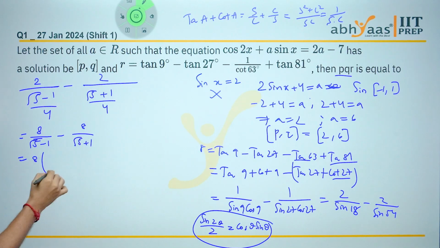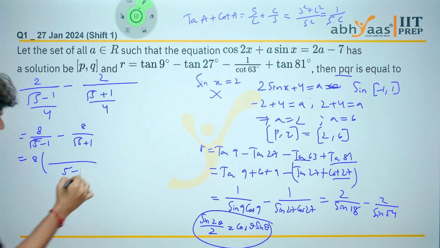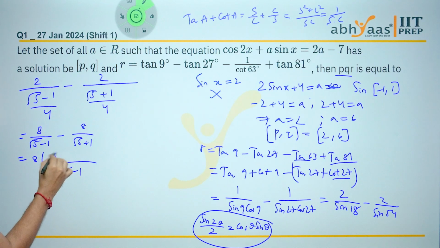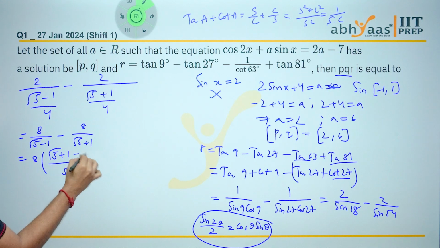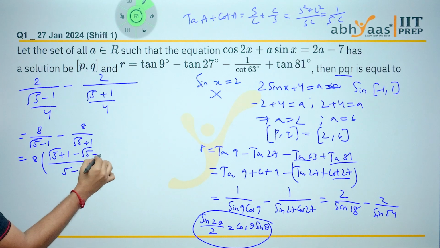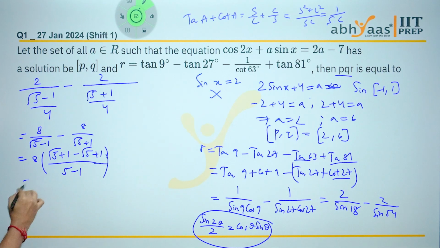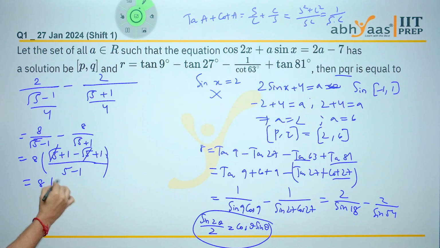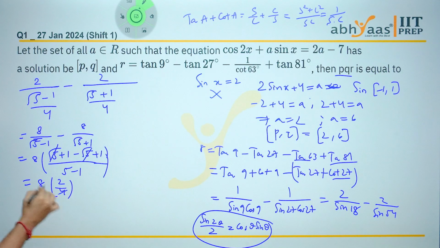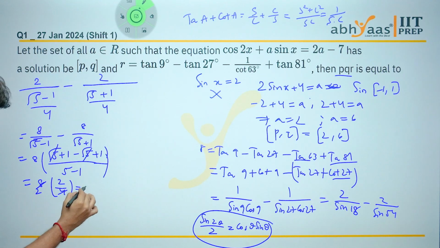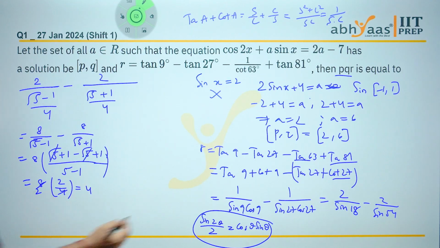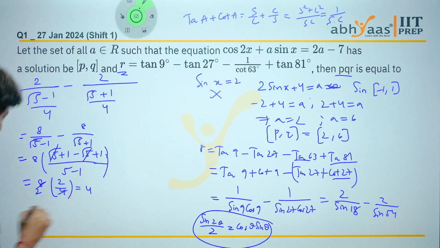Taking 8 common outside, the LCM gives 5 minus 1, and in the numerator we get root 5 plus 1 minus (root 5 minus 1), so plus 1 again. Root 5 gets cancelled. 8 into 2 by 4, which is 4. So the r value is 4.